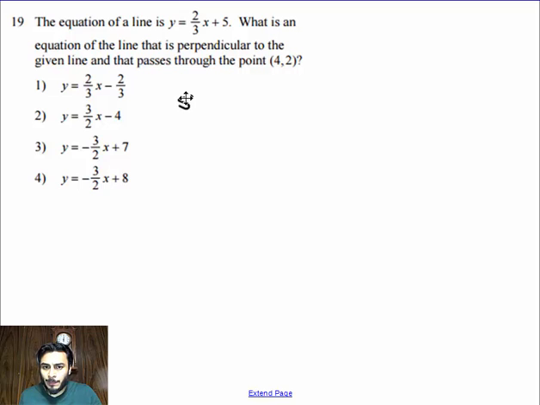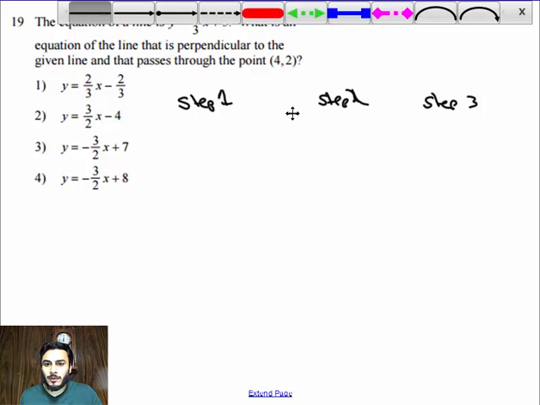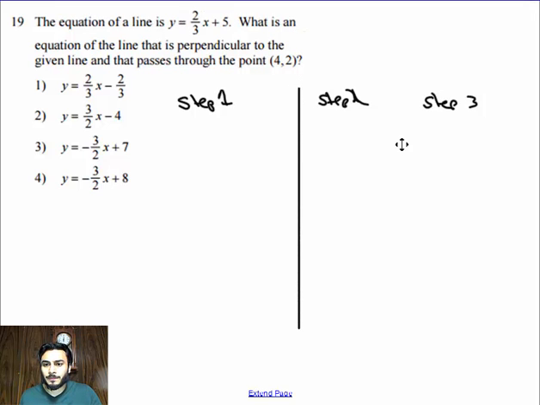So I'm just going to write step 1, step 2, and step 3. That says step 2. I know my handwriting is sloppy. My apologies. All right, so the first step is to get the slope of the perpendicular line.